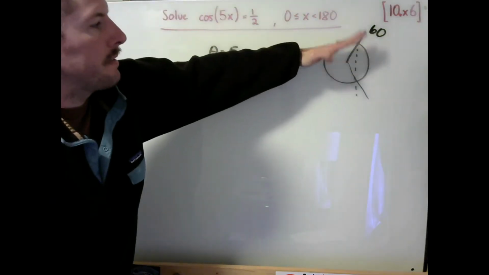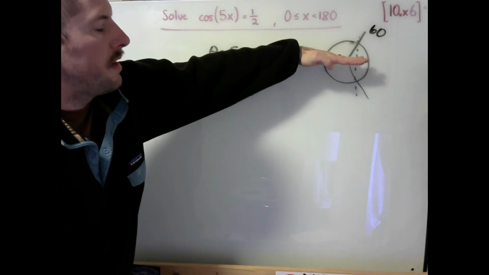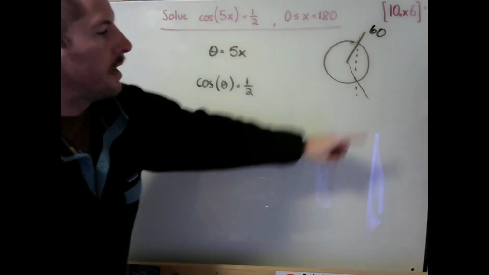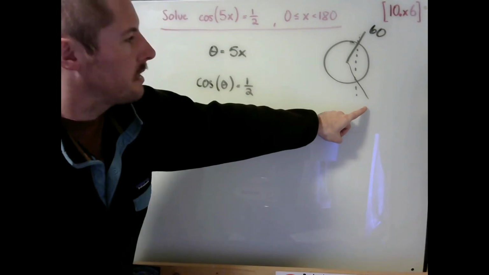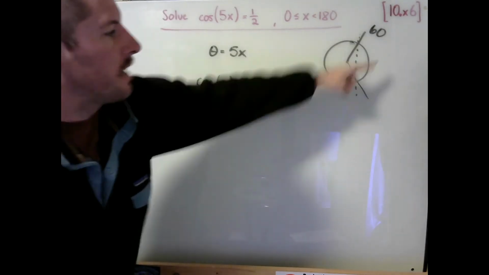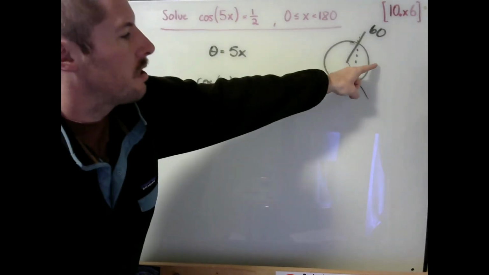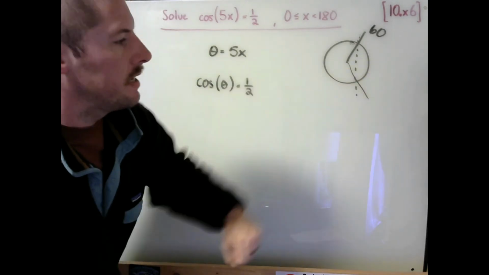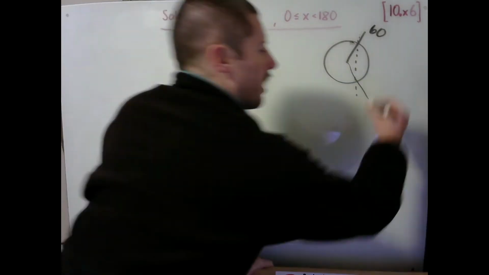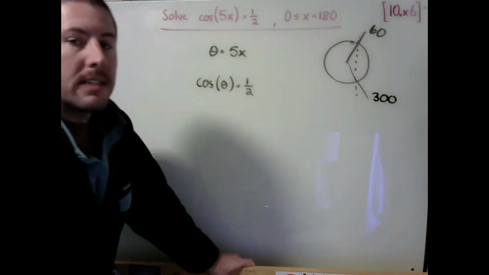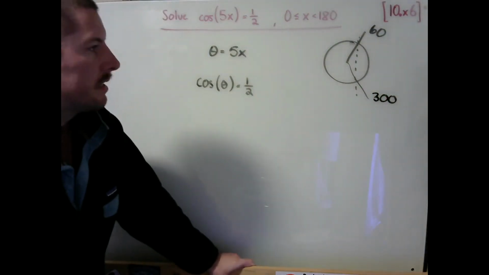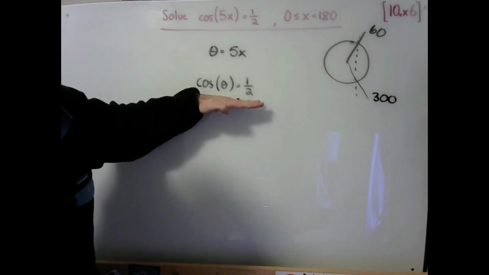If I've opened up 60 for the first, then I should be opening down 60 for the second. It wouldn't be wrong to call this negative 60 degrees, but I typically like to list my initial angles from 0 to 360. And so rather than saying negative 60 degrees, I'll reference this as a positive 300 degrees. So it seems like 60 degrees and 300 degrees are the two angles that will make this equation true.